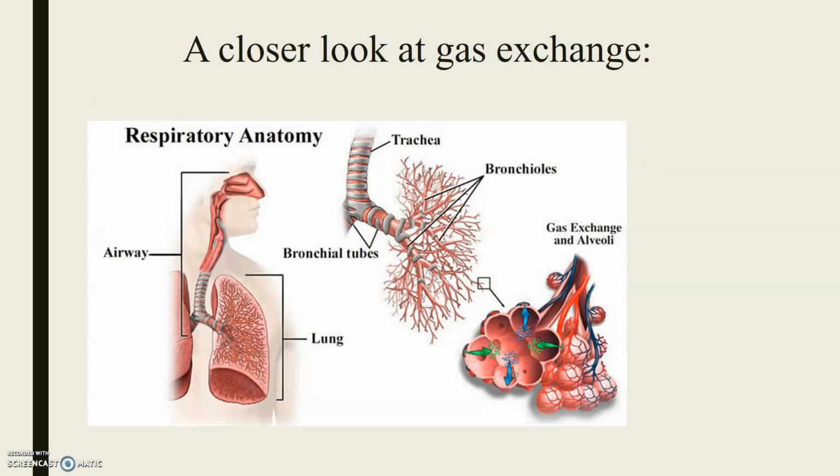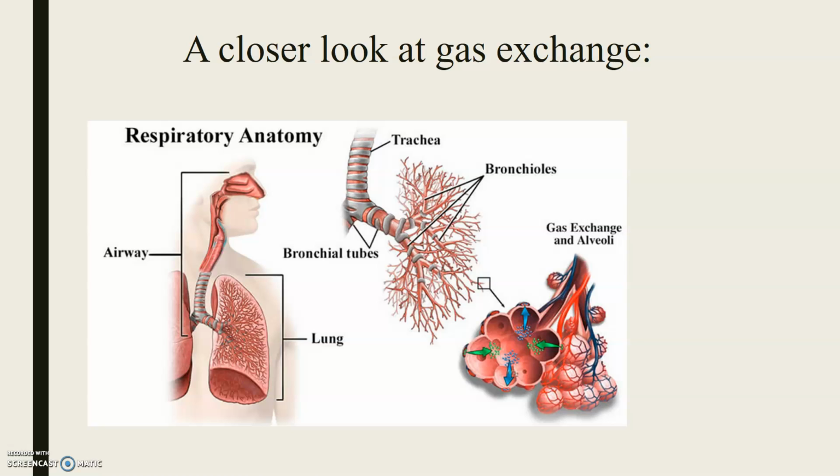Here's a closer look at gas exchange. We can see our trachea or windpipe carrying air down to the left and right bronchus. The bronchus splits into the smaller bronchioles, if we remember. And at the tips of the bronchioles, we see gas exchange occurring at the tiny cup-like structures called alveoli.